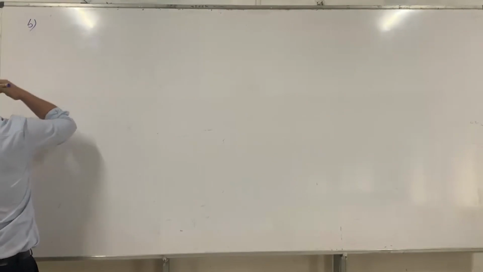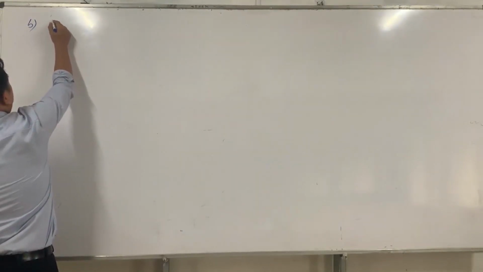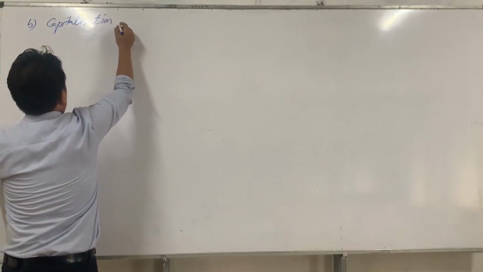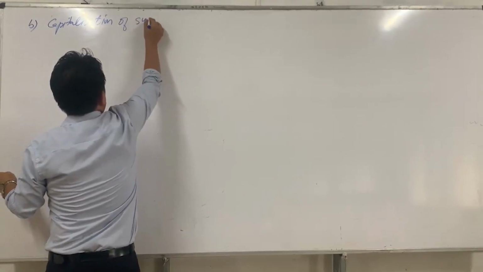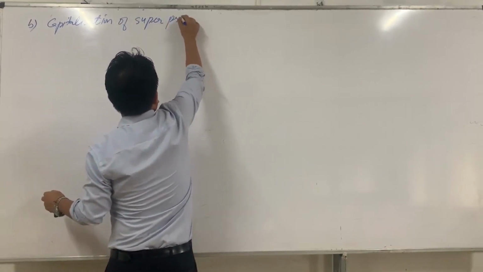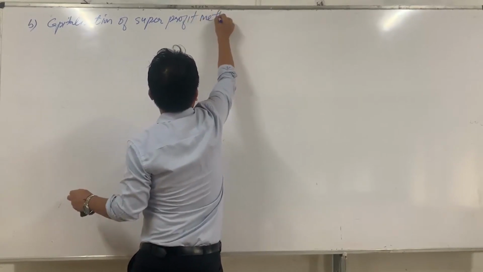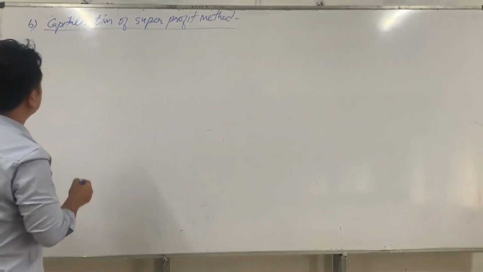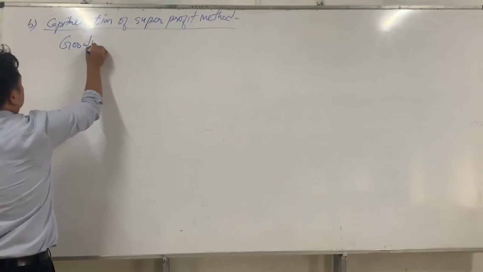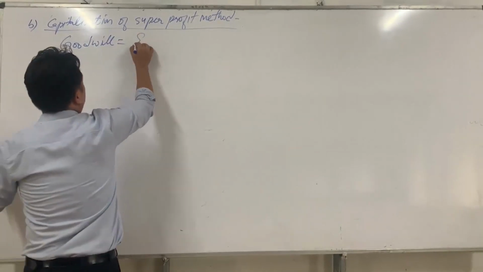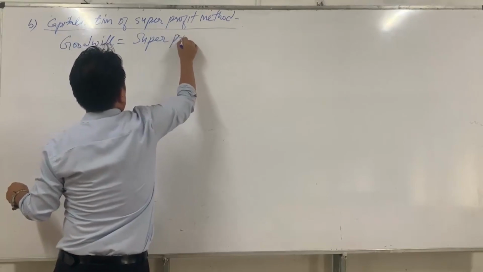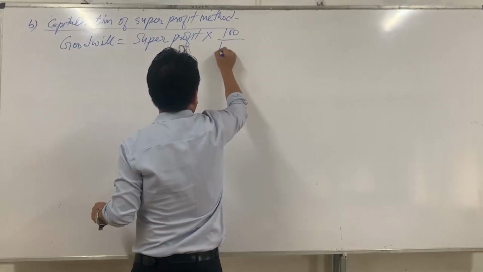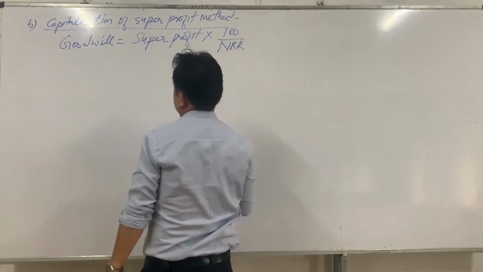Okay, second method is capitalization of super profit method. So under this method, goodwill is equal to super profit multiplied by 100 divided by normal rate of return.